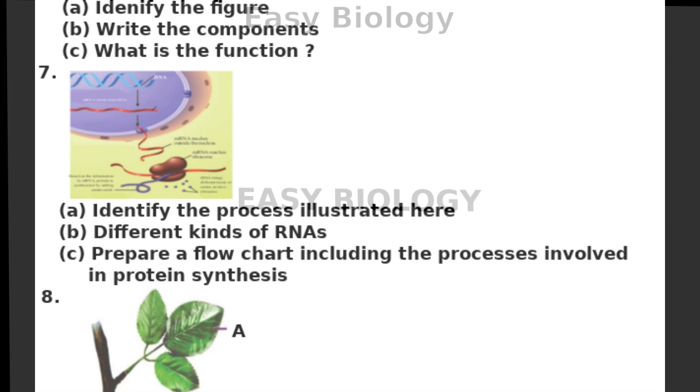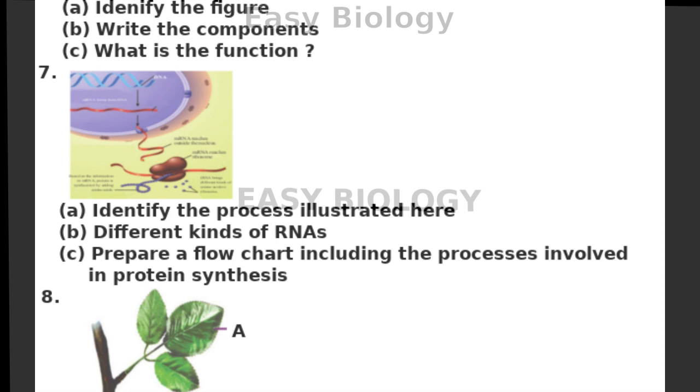Question C. Prepare a flow chart including the process involved in protein synthesis. The first step, mRNA forms from DNA inside the nucleus. Second step, mRNA reaches outside the nucleus.